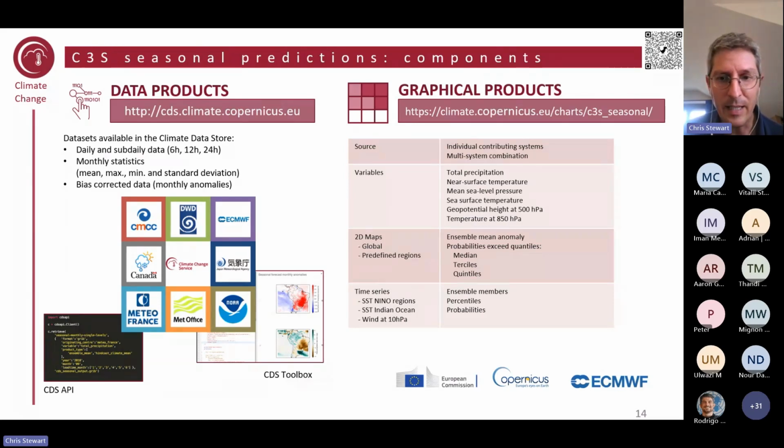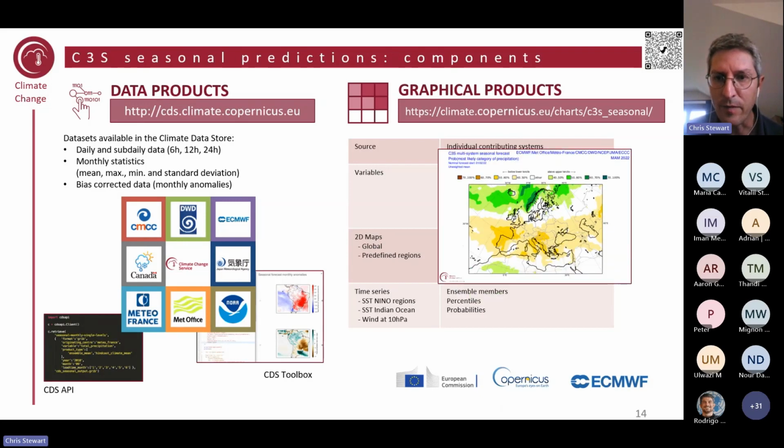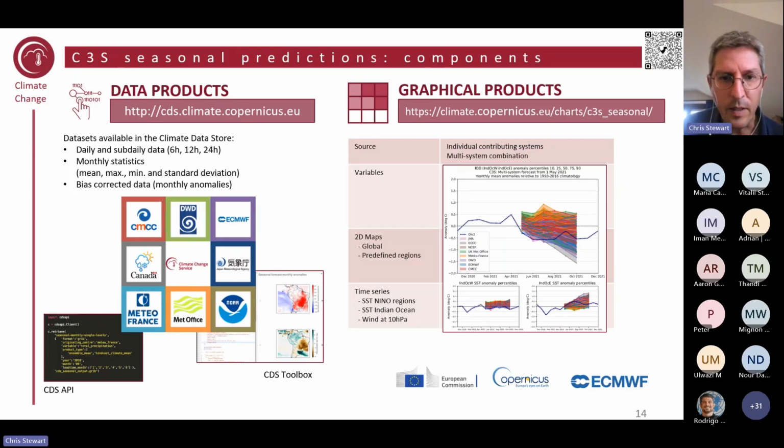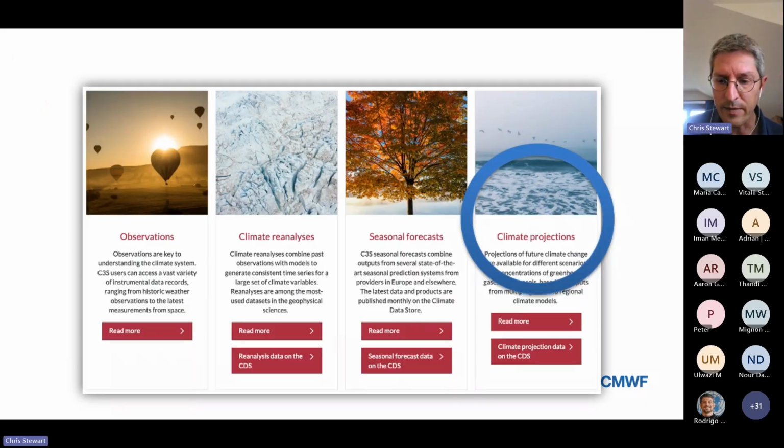And then it provides the data in GRIB or NetCDF format, but also in graphical format. So in the form of maps, as you see here, showing different terciles. So the upper tercile and the lower tercile, basically the possibility of above average of a particular variable or below average of a particular variable compared to the climatology, and then also in the form of time series. So this data is freely available.